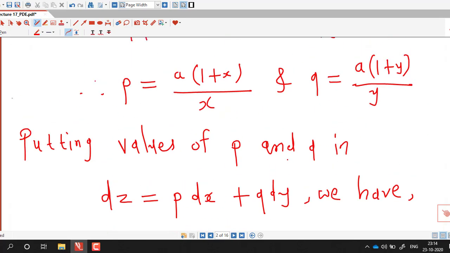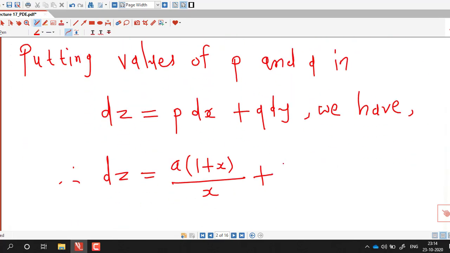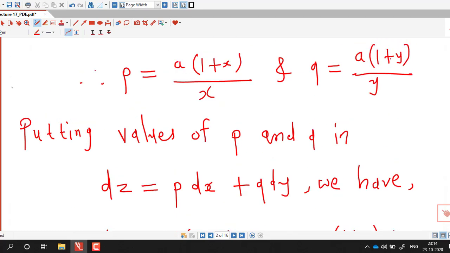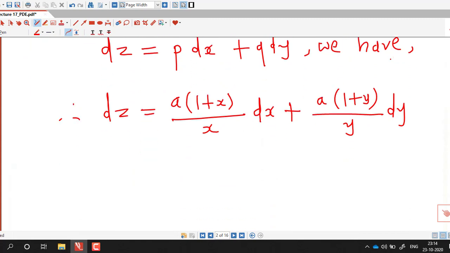Similarly, Q equals A times (1 plus y) by y. And of course, we must write dx. Q is A times (1 plus y) over y dy. P is A times (1 plus x) by x, Q is A times (1 plus y) by y.